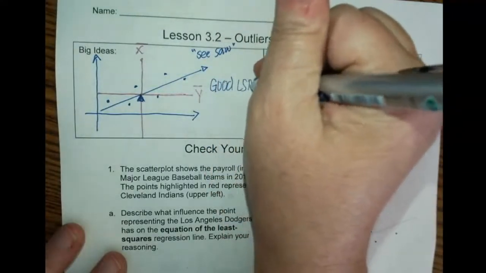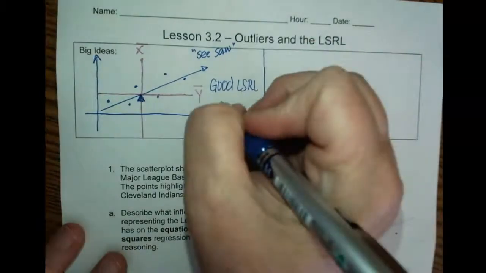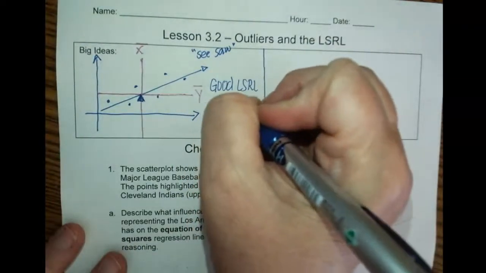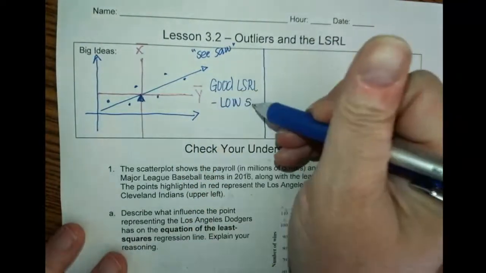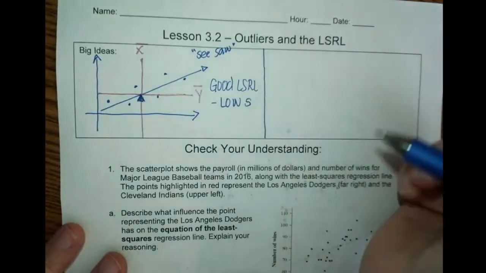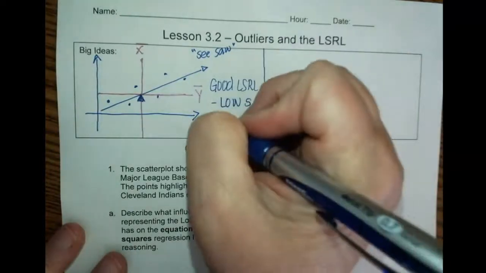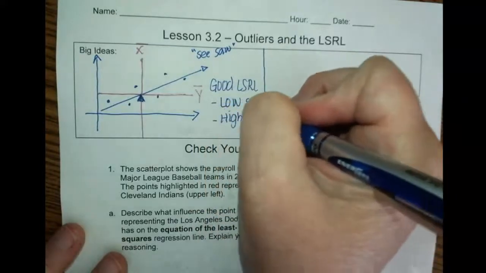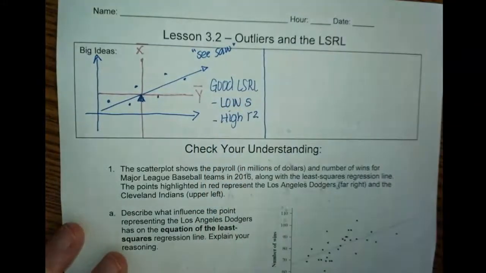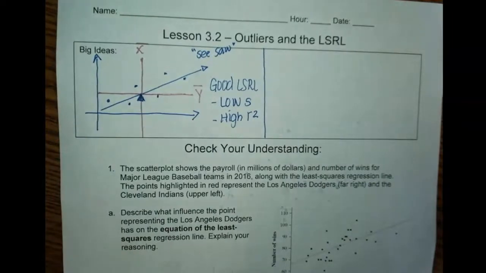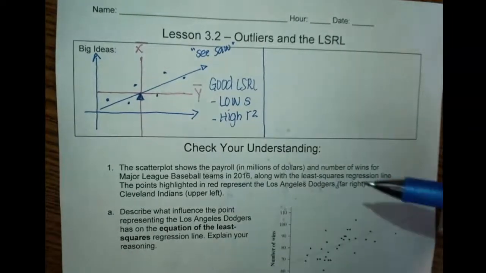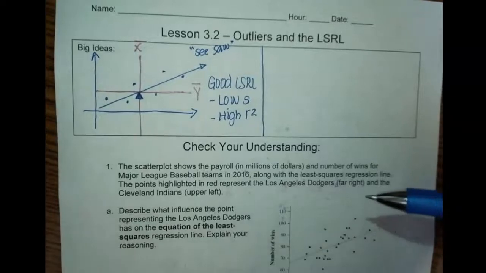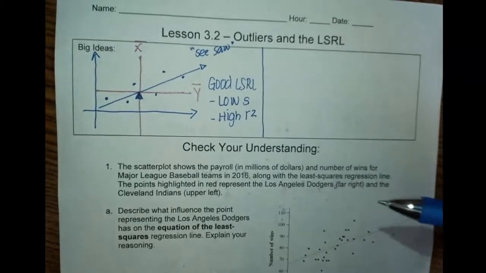So a good least square regression line is going to have a low S. Now remember, S is the standard deviation of the residuals, and it's going to have a high R squared, which is how well it predicts. Sometimes they don't give you the data to create your least square regression line.